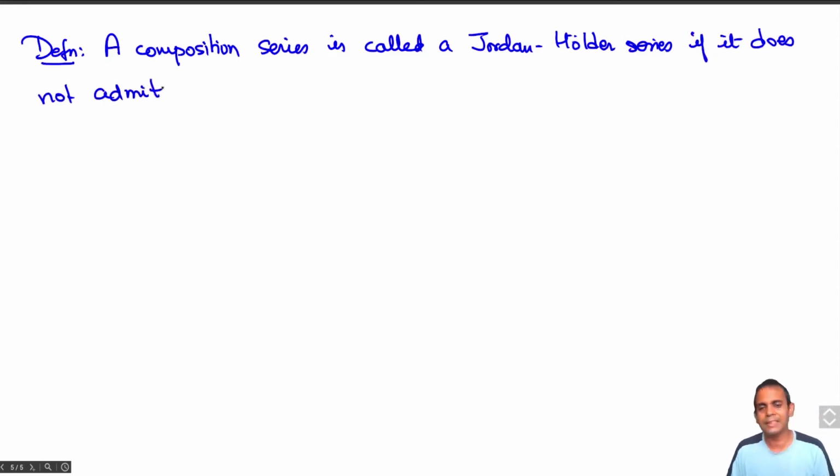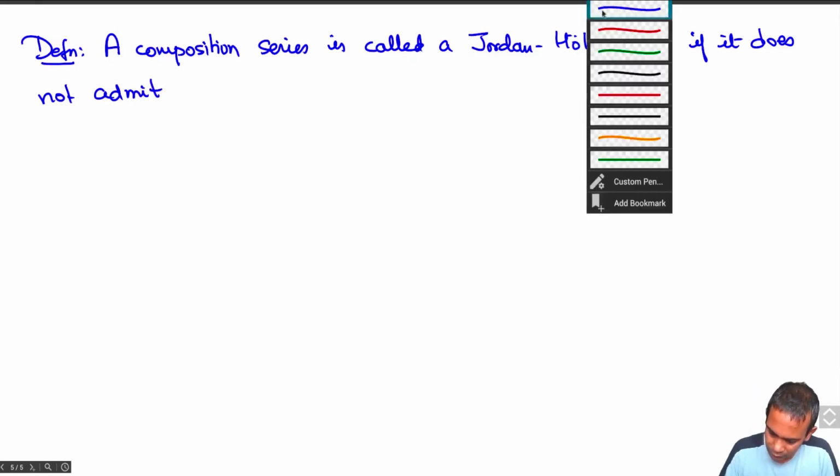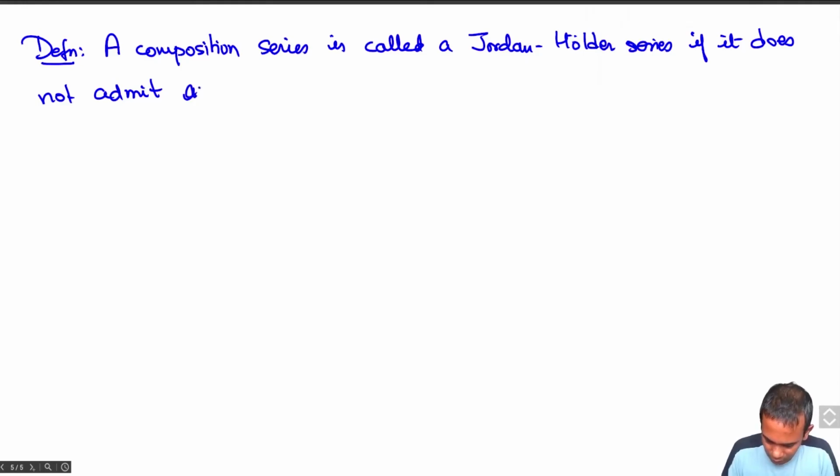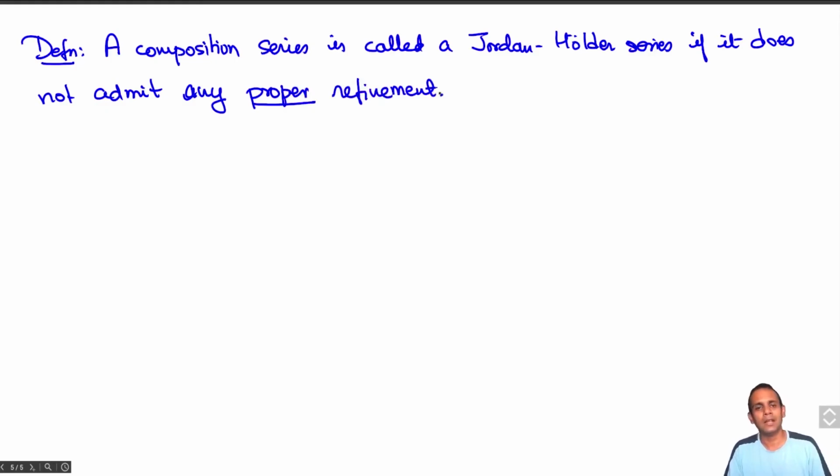But well, a series technically is a refinement of itself, so I should say any proper refinement. If it does not admit any proper refinement, where by proper I mean a refinement apart from itself. So you must add at least one term.